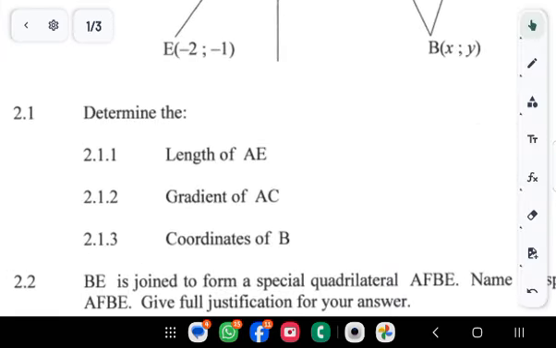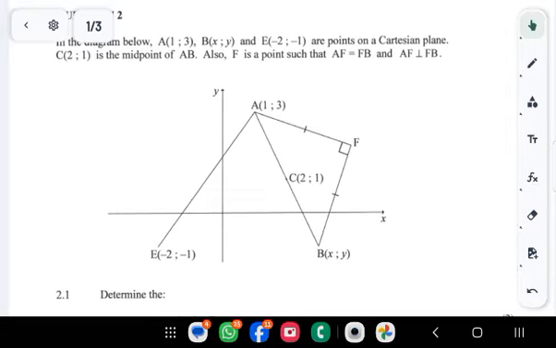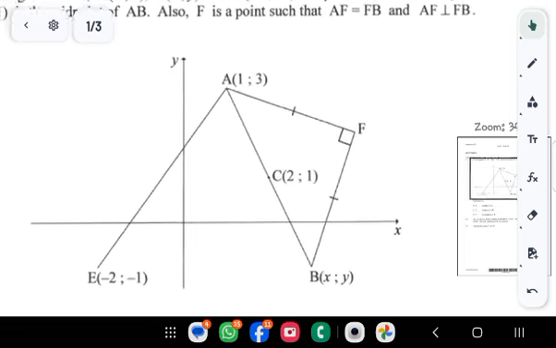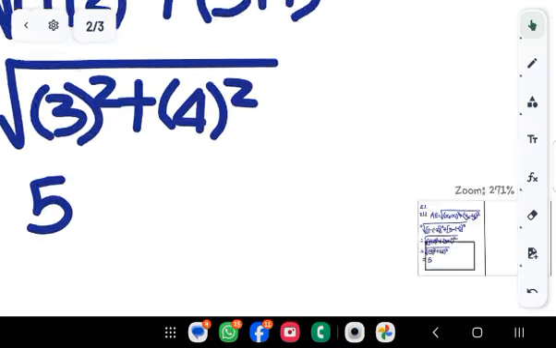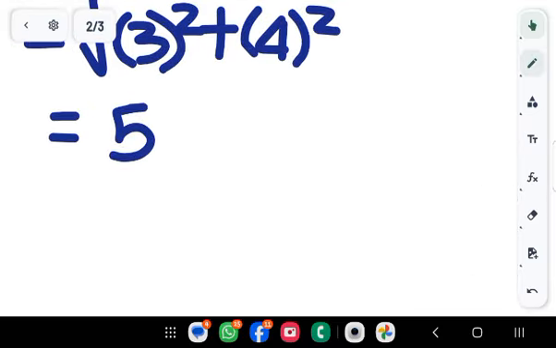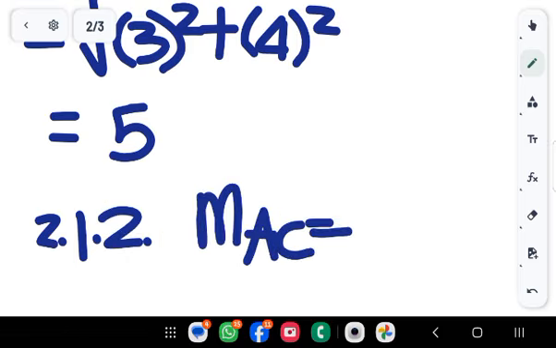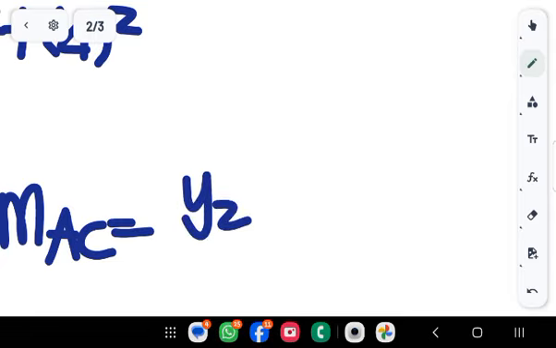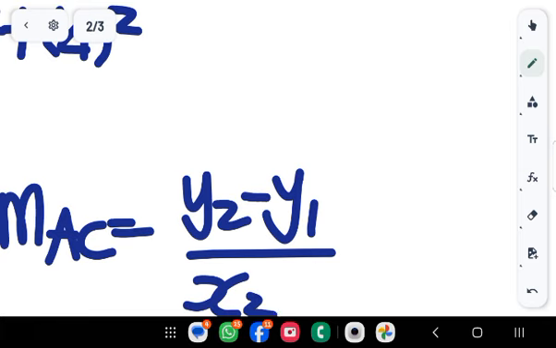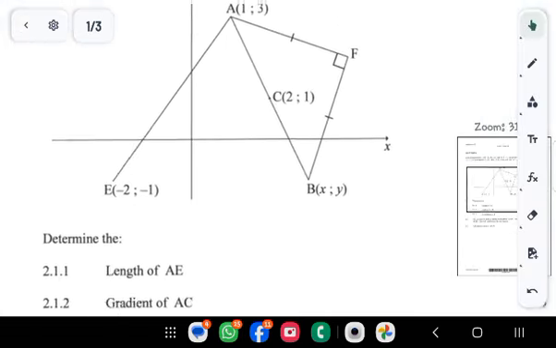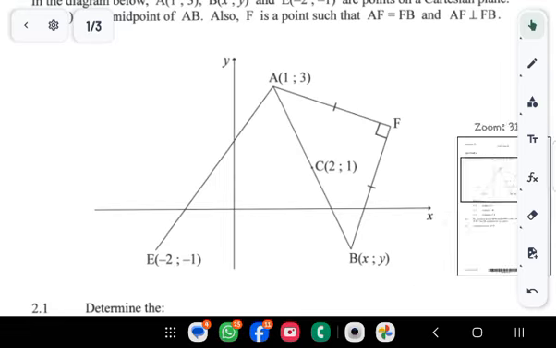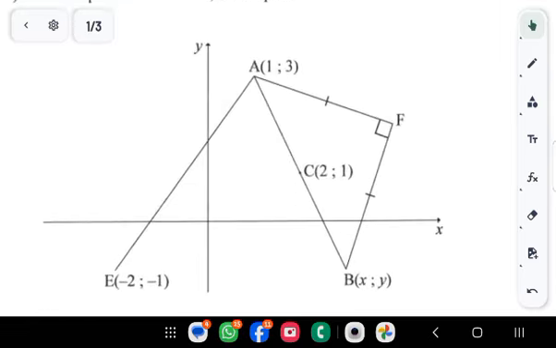Now, for the gradient of AC, 2.1.2, gradient of AC. There is AC. The gradient of any line is y2 minus y1 over x2 minus x1, which gives us, for this case, let A be your x2, y2, that's fine.